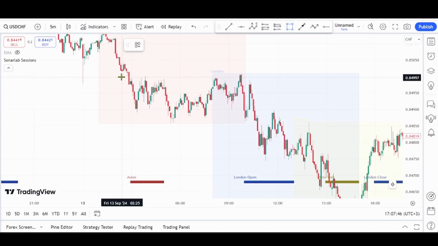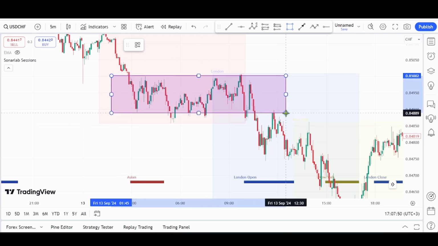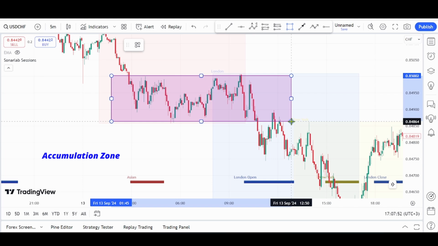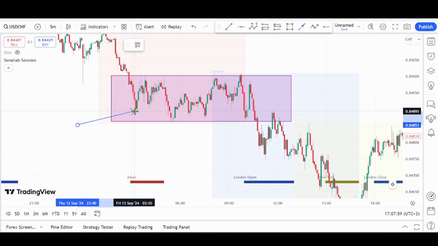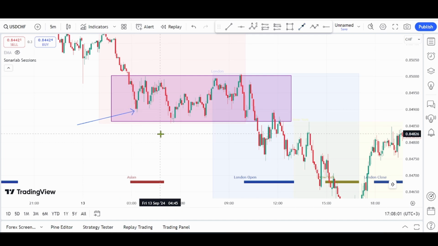Here you can see that this is the first stage, the accumulation zone. This is stage number 1. Now stage number 2 is distribution.